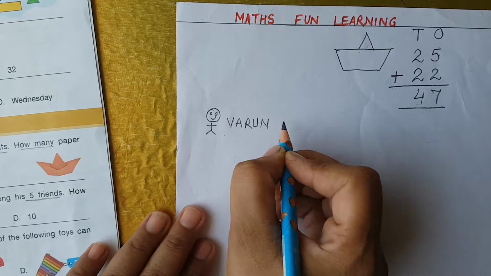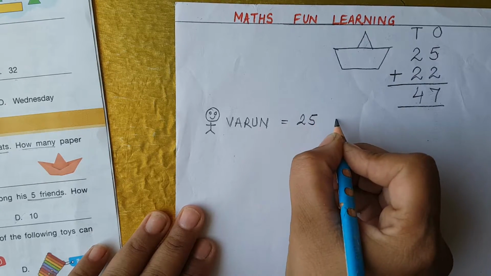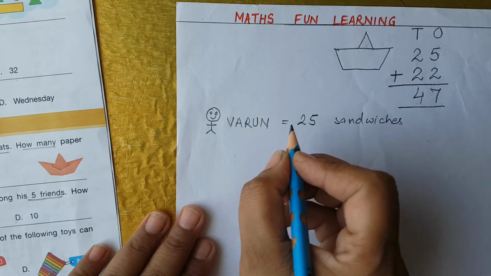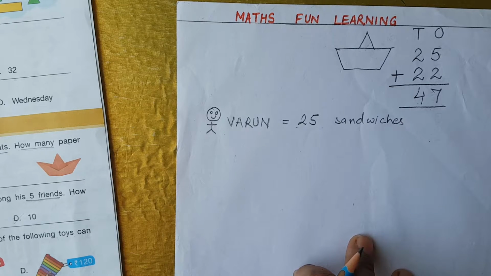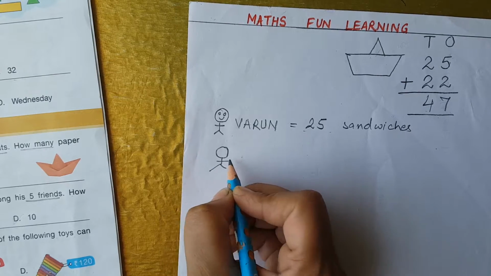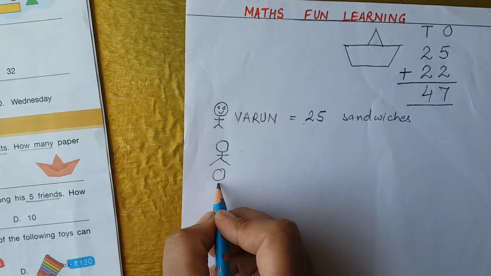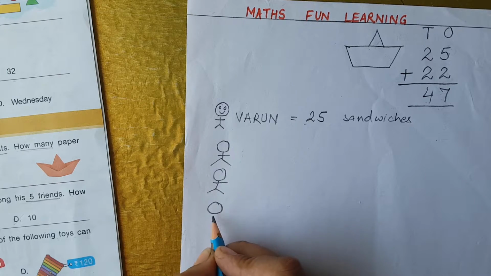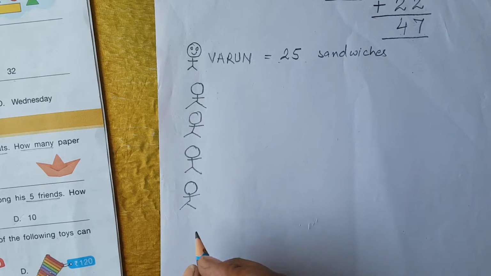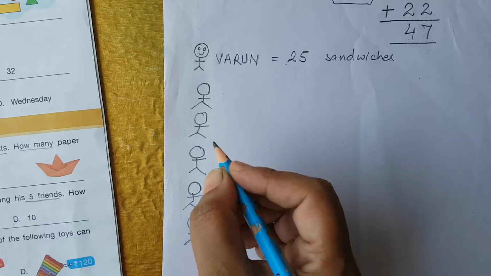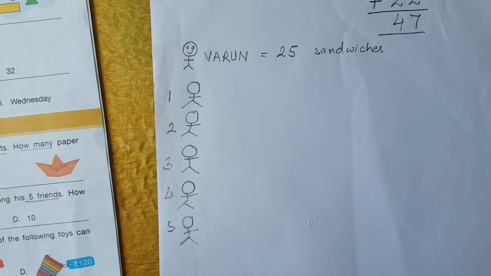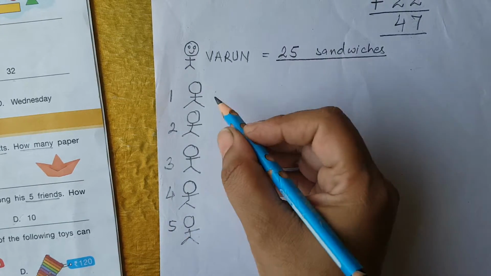He has 25 sandwiches, and he distributed the 25 sandwiches equally among 5 friends. So 1 friend, 2 friend, 3 friend, 4 friend, and 5 friend. Let's write the number in front of the friends.